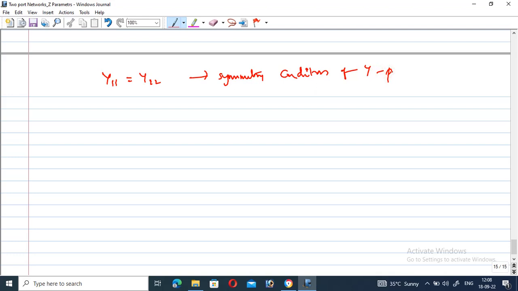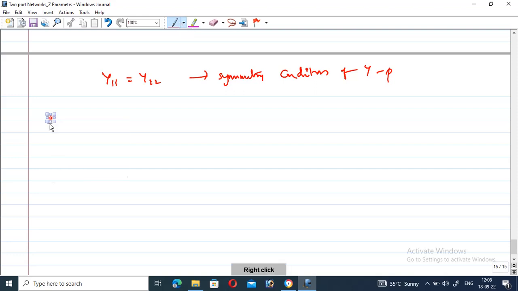So let us see some basic solution for this, like whatever we discussed in the Z parameters. Let us see one circuit diagram for calculating the y parameters.